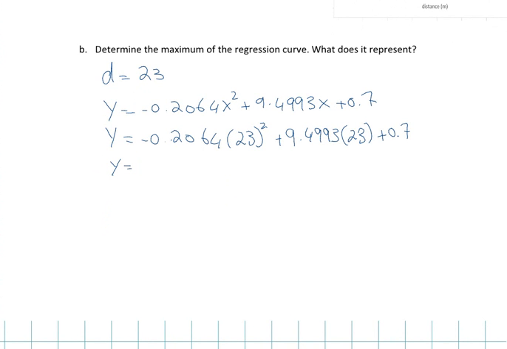So it's about 110. Okay? So what I'm going to say is the maximum is at 23 and 110.